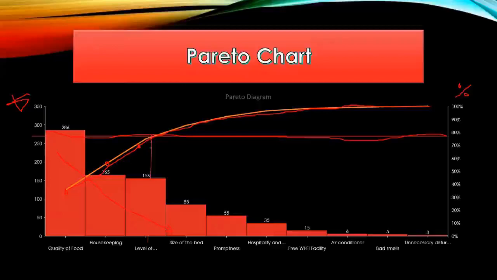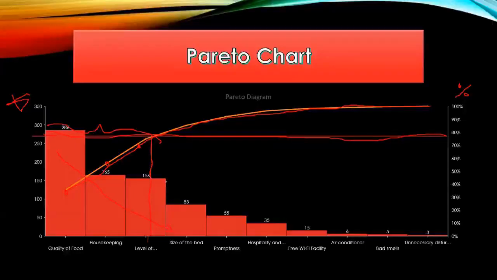From that point, you are required to draw a line in this way. Then you can recognize the highly influential factors for the problem. Those are quality of foods, housekeeping, and level of comfortability.